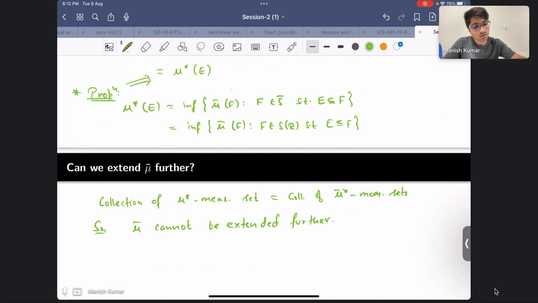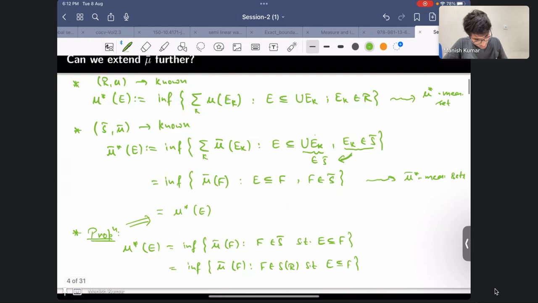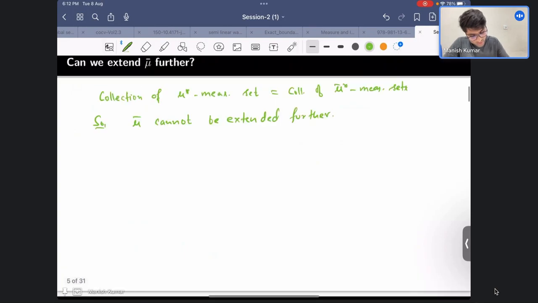Yes, sir. We define mu bar on the restricted domain of mu star. So if we extend, then it will again become the domain of mu star. Okay, I'll write what you are saying, then I think everyone will be able to understand.